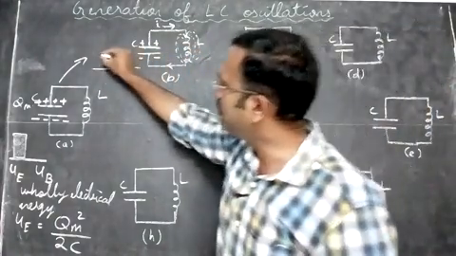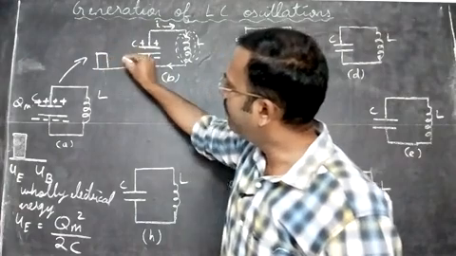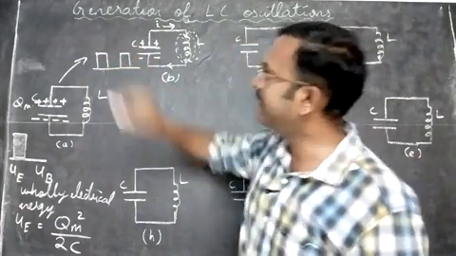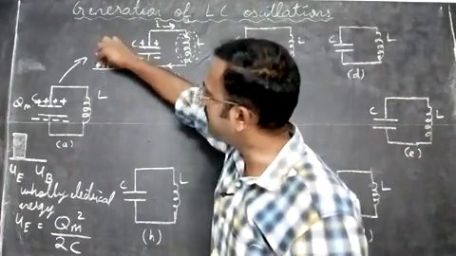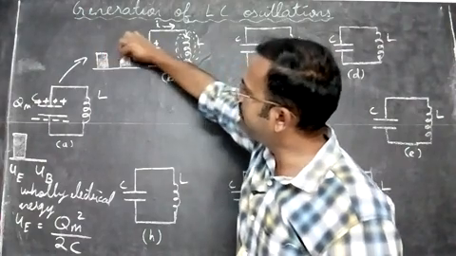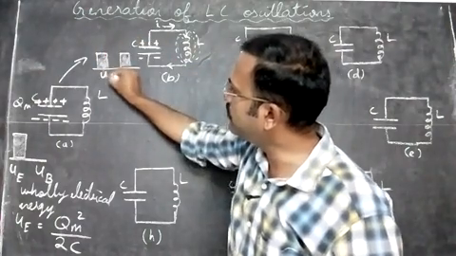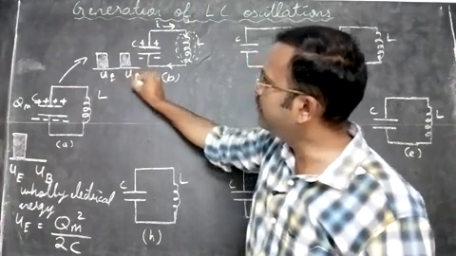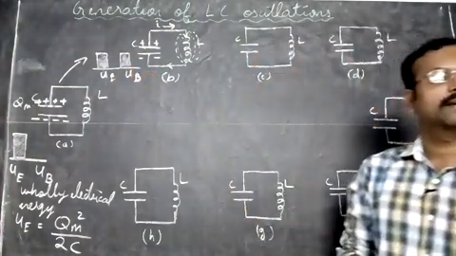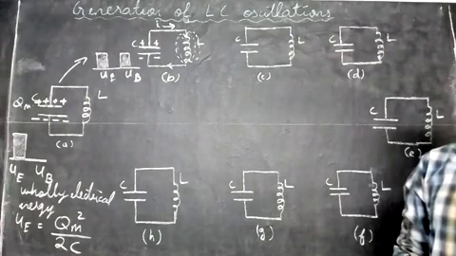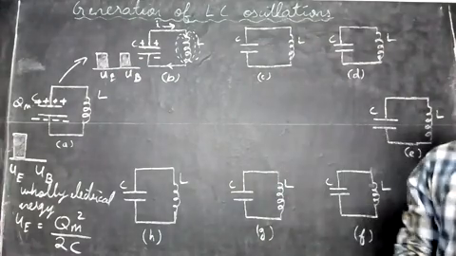For the graph, we have half electrical energy and half magnetic energy. Electrical energy we write as UE and magnetic energy as UB. Both are equal.